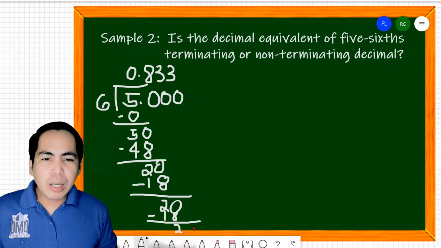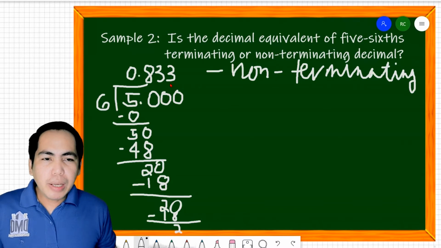If we notice, this process will continue endlessly, meaning the digit 3 is being repeated endlessly. So the decimal equivalent of 5/6 is a non-terminating decimal.